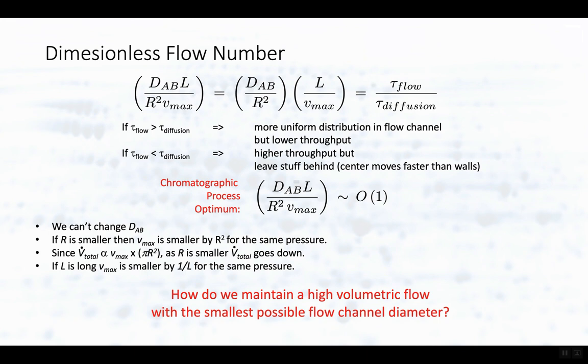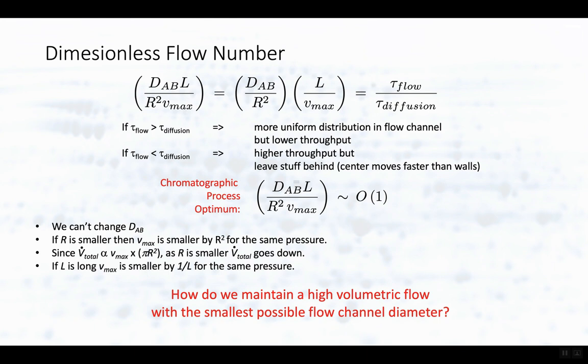If L is long, V max also has to drop for the same pressure. V max scales as 1 over the length of the pipe, so the longer the pipe, the lower V max has to be. All of these things interact a little bit, and it makes it hard to really optimize this process.